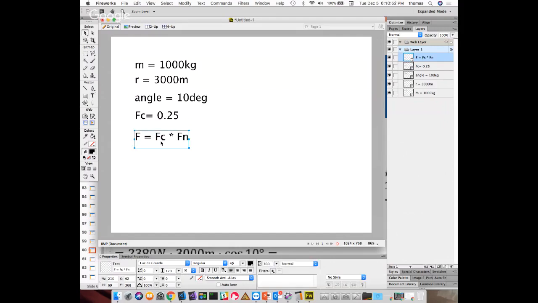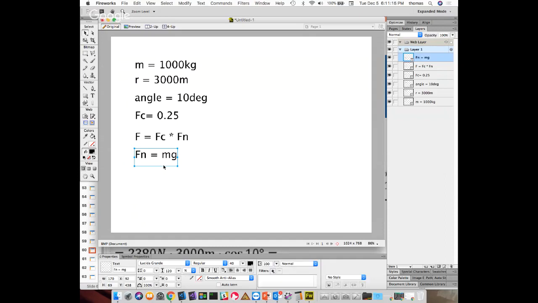The normal force, Fn, is equal to the mass times gravity, really, because right now we're sitting on top of a surface. We have our mass, and we know gravity is 9.8.